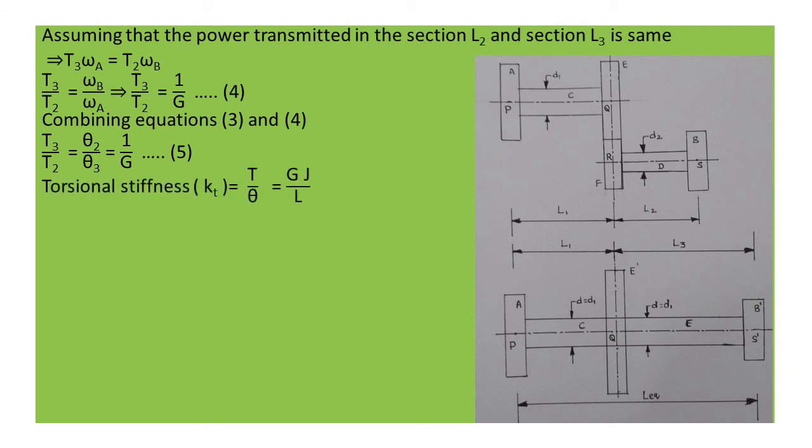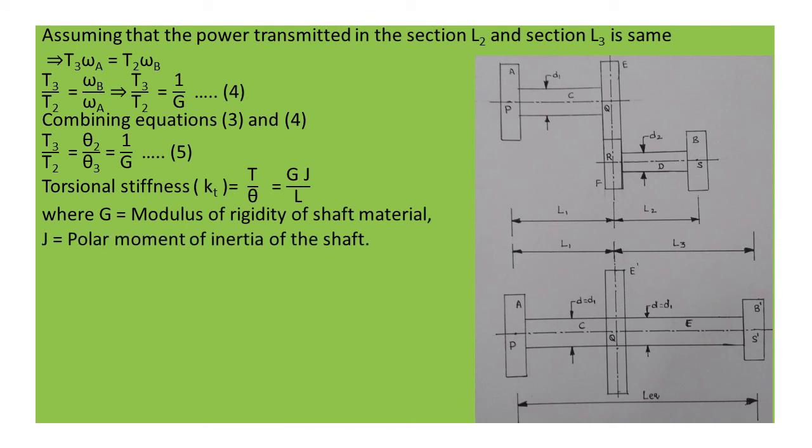Torsional stiffness Kt equals T by theta equals GJ by L, where G is the modulus of rigidity of the shaft material and J is the polar moment of inertia of the shaft. Torsional stiffness of shaft L3, that is Kt3, equals T3 by theta 3.